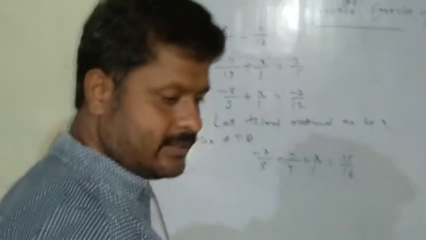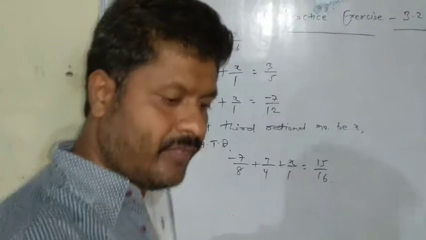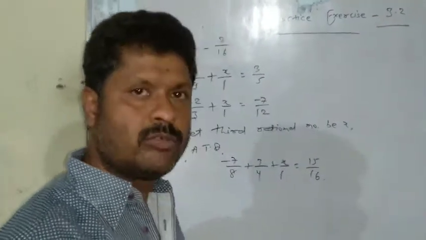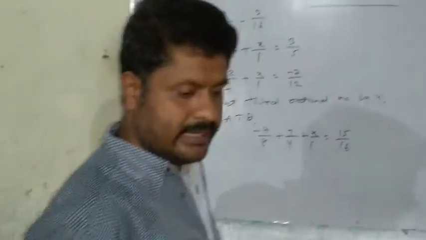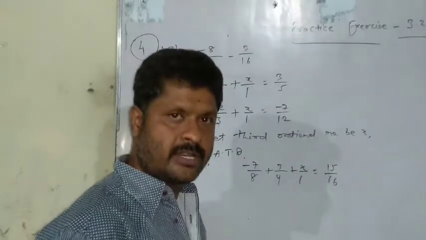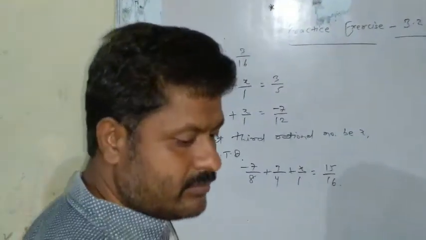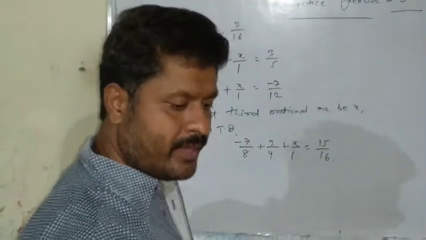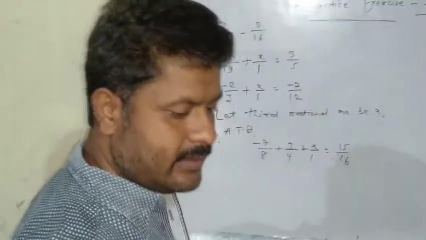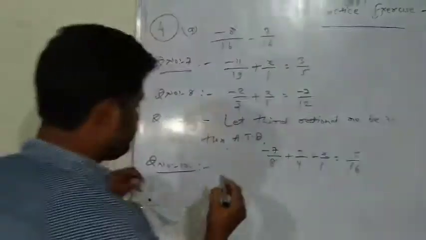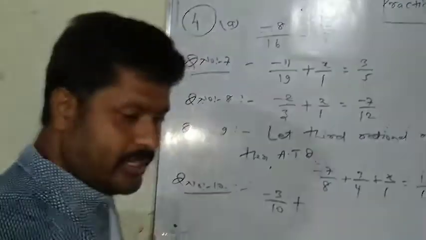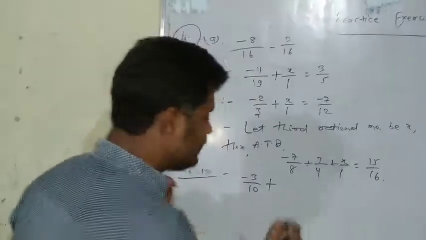Question number 10 is, which is greater, the sum of first and second or the sum of third and fourth, and by how much? That means you have to find which is greater, the sum of first and second or the sum of third and fourth. So firstly, you have to find the sum of minus 3 by 10 and 7 by 9.